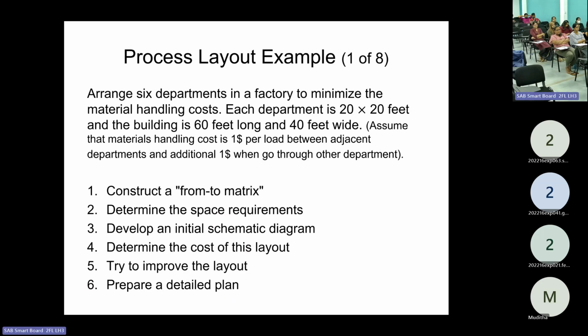And it says the material handling cost is $1 per load between adjacent departments, located close by, next to each other. However, an additional $1 applies when the load goes through other departments.